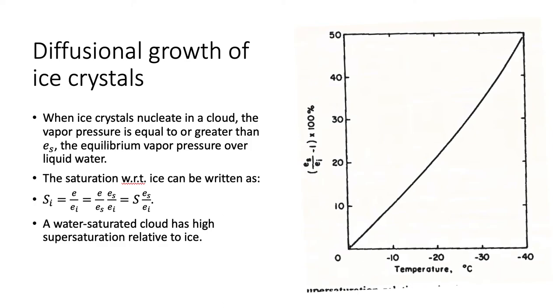So at freezing temperatures, this is 0%, meaning that these two, ES and EI, are the same. But notice that at colder temperatures, you are saturated with respect to ice before you are supersaturated with respect to water. Okay. So a cloud that is water saturated, when you're below freezing, typically is supersaturated with respect to ice.